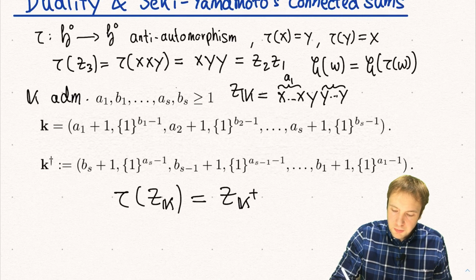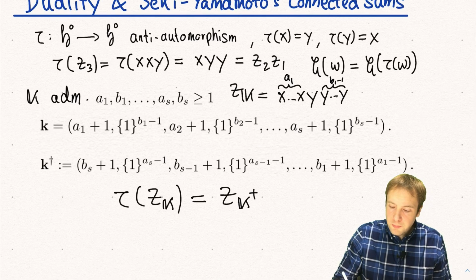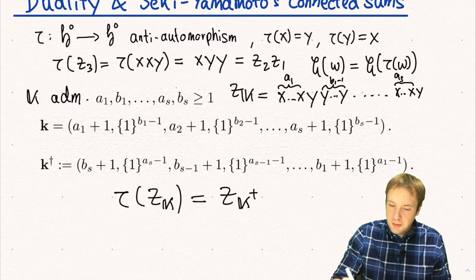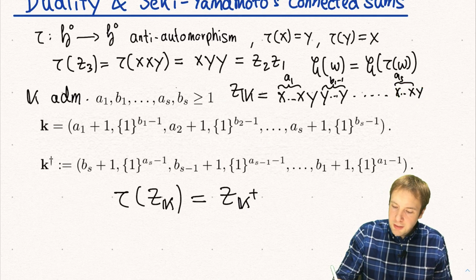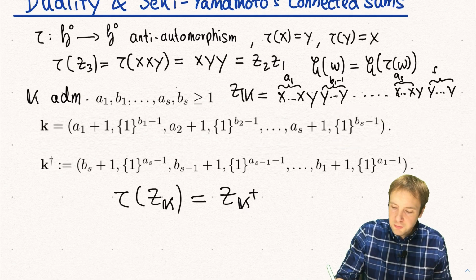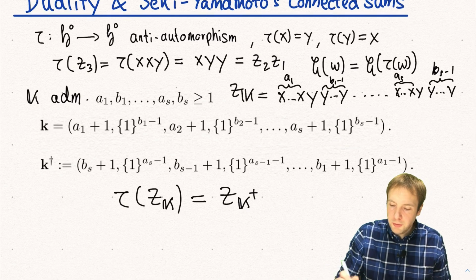So this is b1 minus 1, and in the end I have x, x, x, x, x, x, y. So here I have as x's, because this is then as plus 1, and then maybe I have some y's, which gives me the number of ones here, which is bs minus 1.